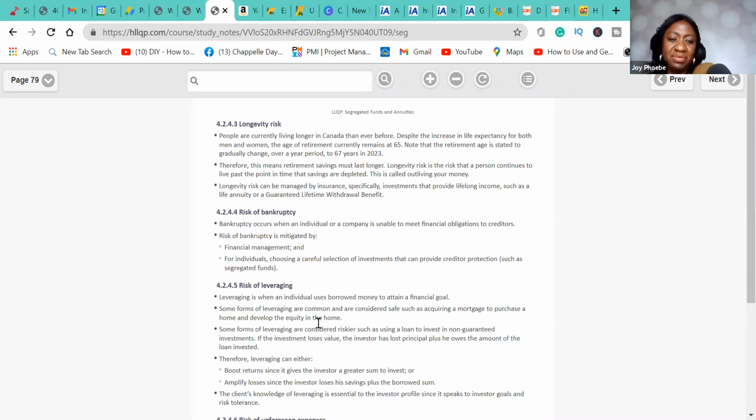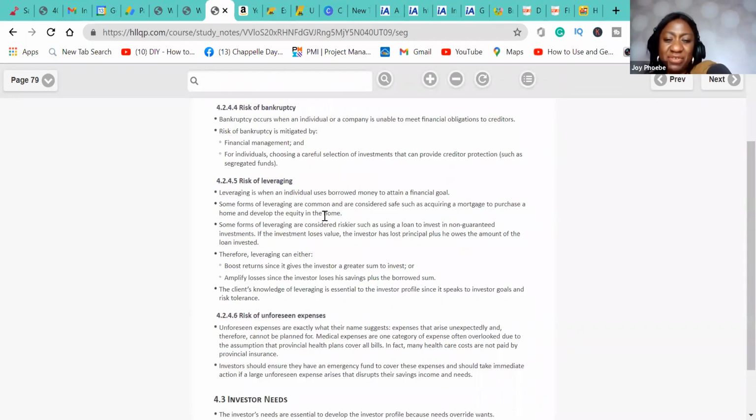Okay. Risk of leveraging. Leveraging is when an individual uses borrowed money to attain a financial goal. Some forms of leveraging are common and are considered safe, such as acquiring a mortgage to purchase a home and develop the equity in the home.